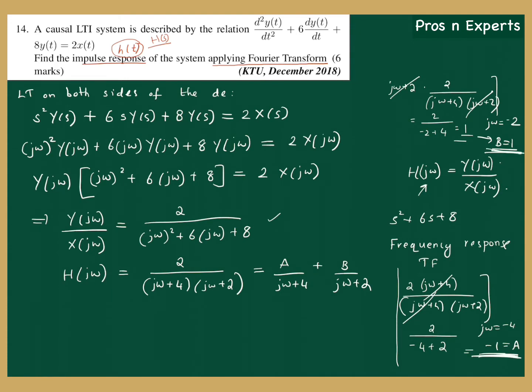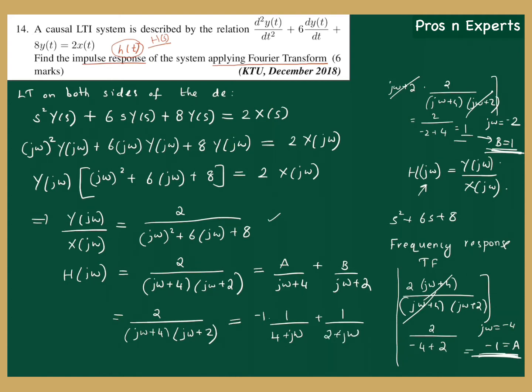So it is very simple now. So h of j omega equal to 2 by j omega plus 4 into j omega plus 2 will give a, what is a? Minus 1, so minus 1 into 1 by 4 plus j omega, and b is 1, plus 1 by 2 plus j omega.